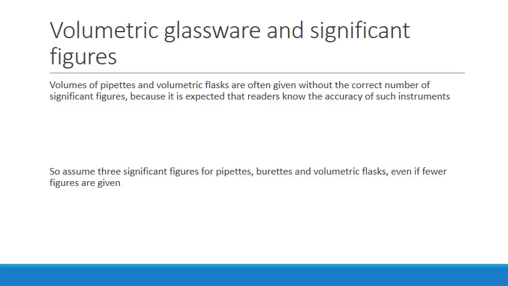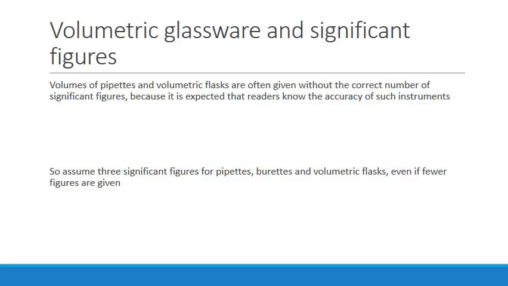A lot of you will be using volumetric glassware, so pipettes, volumetric flasks, and burettes. Volumes of pipettes and volumetric flasks are often given without the correct number of significant figures because it's expected that readers know the accuracy of such instruments.